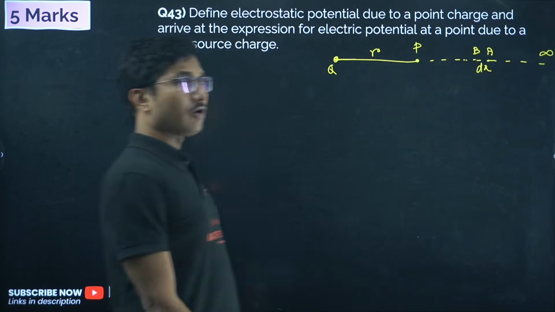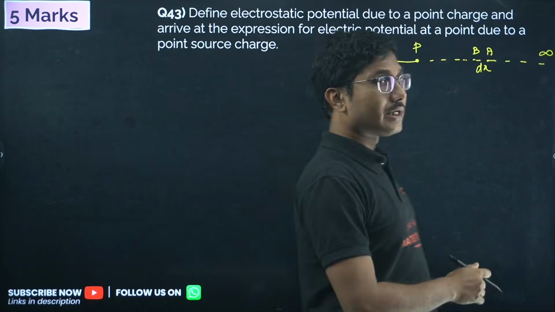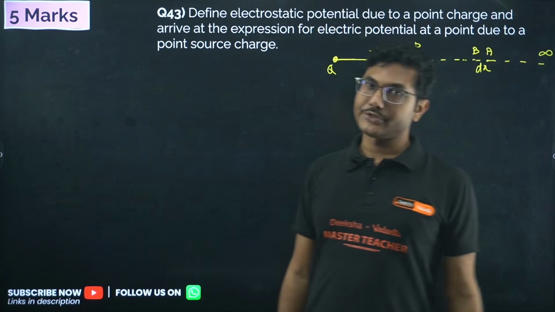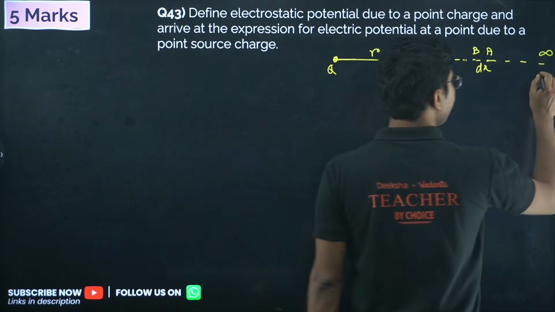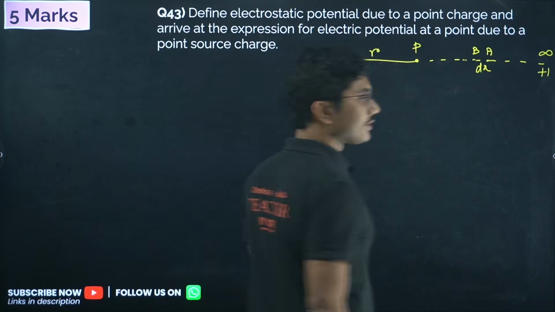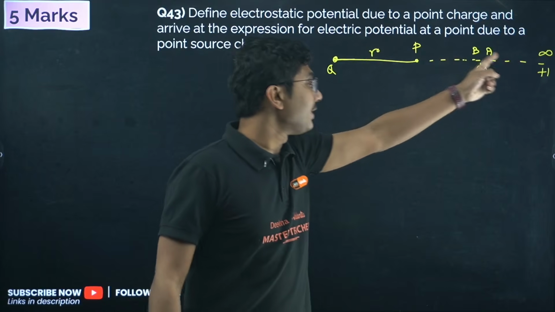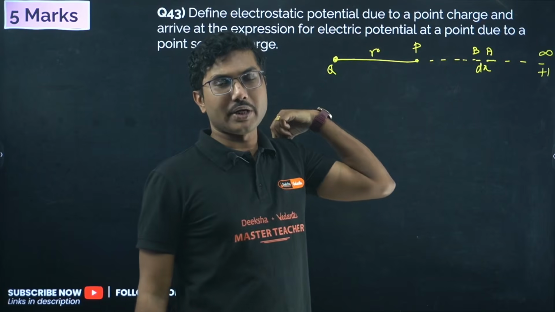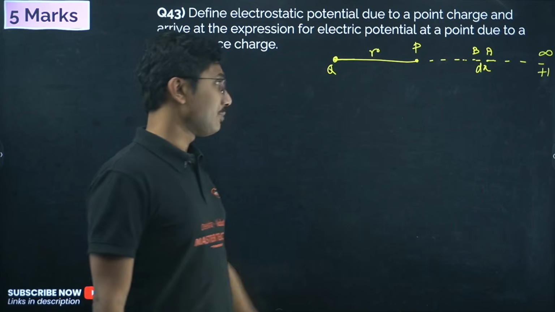The definition of electrostatic potential is the work done to bring a unit positive test charge from infinity to a point in the field. So basically we start a unit positive test charge from infinity, and if we bring that test charge from infinity till this point P, whatever work we do is basically our electrostatic potential at this point.